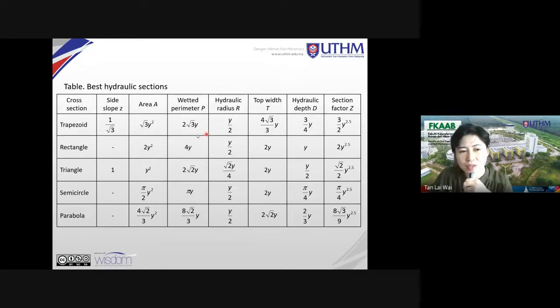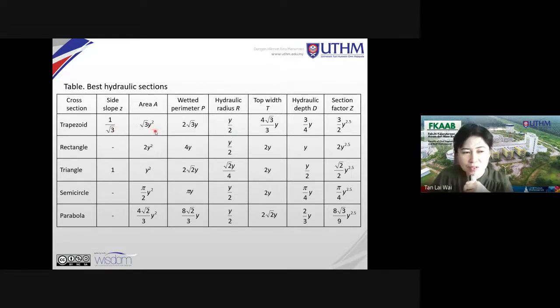This table or this formula here is applicable only when the side slope is 1 over square root 3. If a side slope other than 1 over square root 3 is given, or you need to use other than this side slope, then you cannot use this formula already.